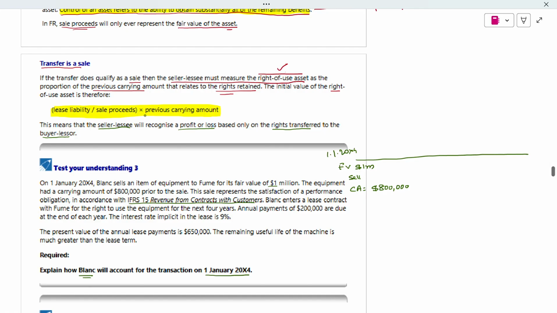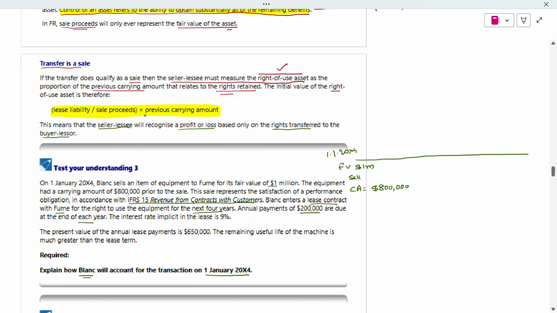Blank enters a lease contract. You are selling and also entering a lease contract with the same company, for the right to use the equipment for 4 years. Annual payments are 200 at the end of each year.